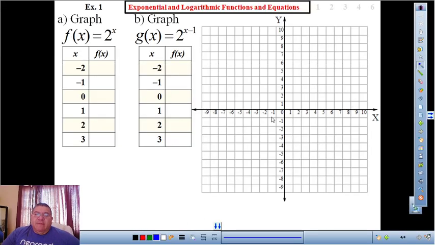In the meantime, I'm going to graph the original one, which was this one. What did we say it was? 1/4, 1/2. This is 1, 2, 4, 8. And that never changes. -2, 1/4, 1/2, 1, 2, and 4, and 8.